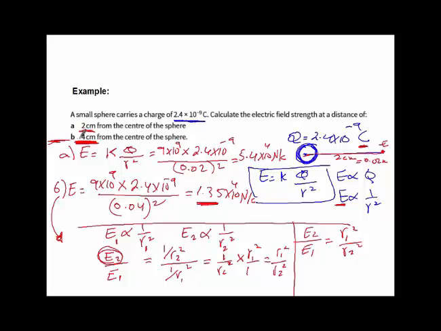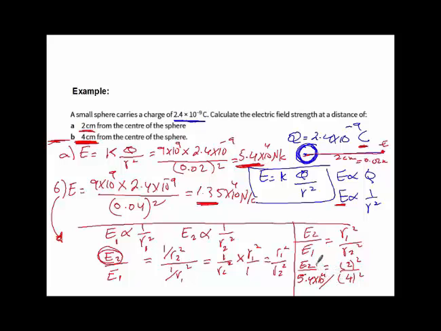Our R1 was 2, and 2 squared is 4, and our R2 was 4, and 4 squared is 16. We got our E1, which is 5.4 times 10 to the 4.